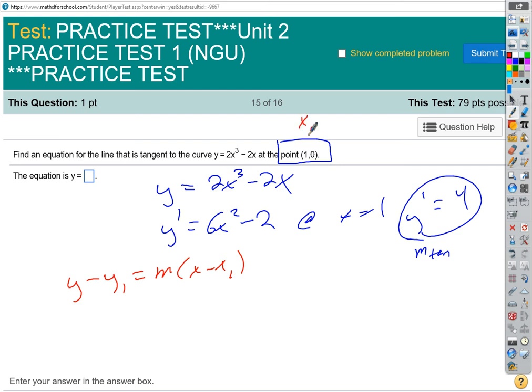There's x1, y1. There's m. Plug them in. So y minus 0 equals 4 times the quantity x minus 1. So we get y equals 4x minus 4.